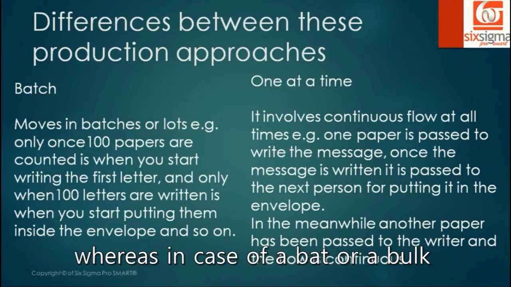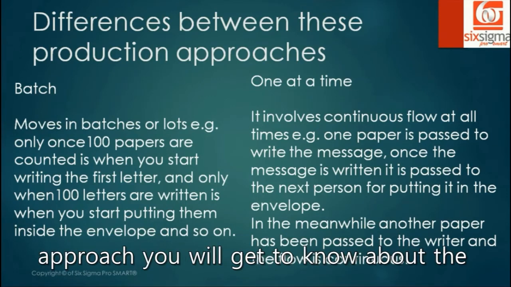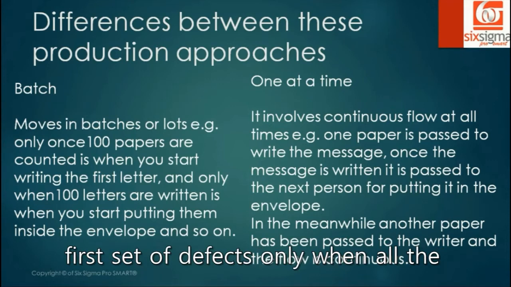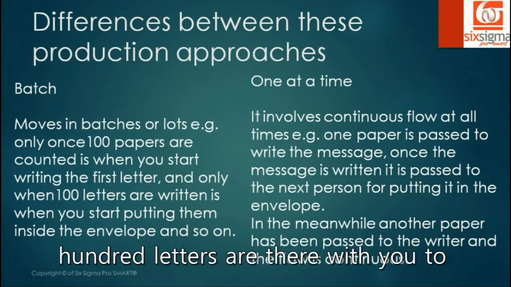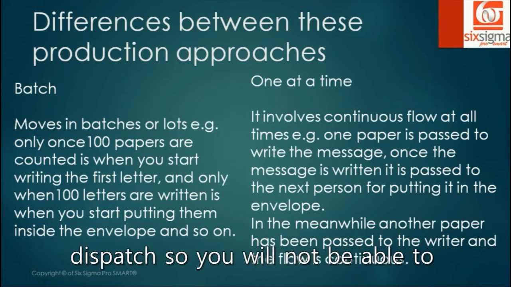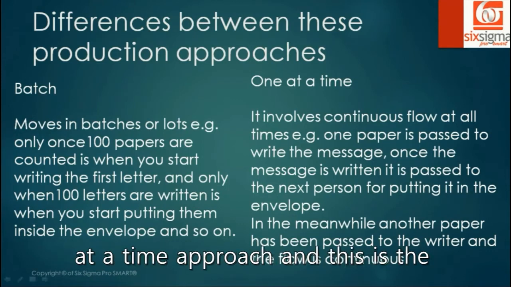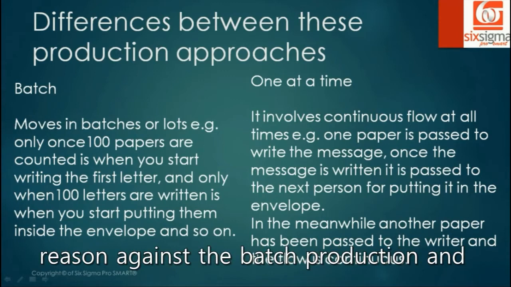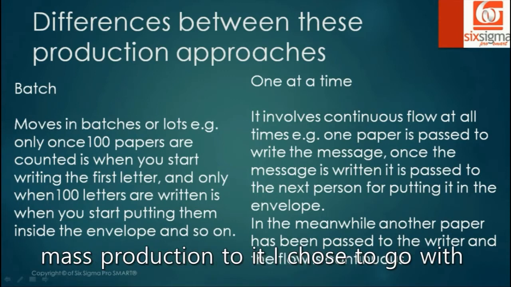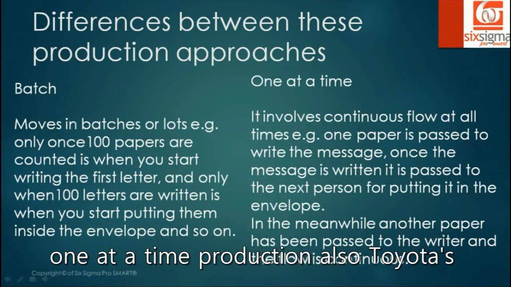Whereas in case of a batch or a bulk approach, you will get to know about the first set of defects only when all the 100 letters are there with you to dispatch. So you will not be able to correct it that fast as you can do in case of one at a time approach. And this is the reason against the batch production and mass production, Toyota chose to go with one at a time production.